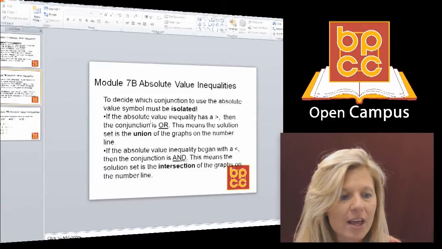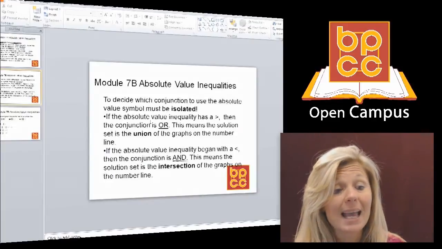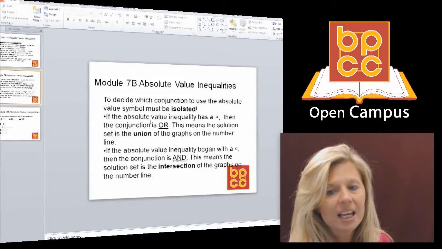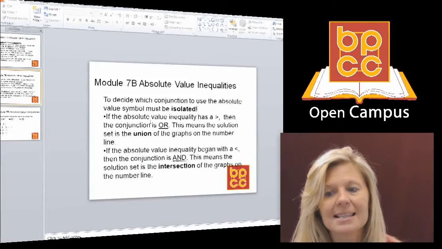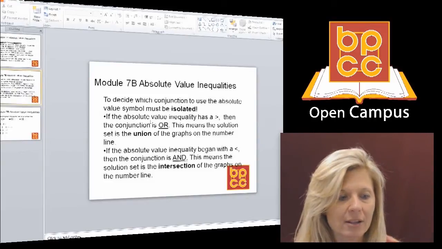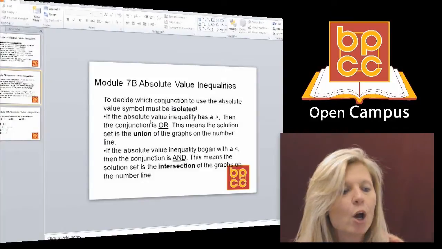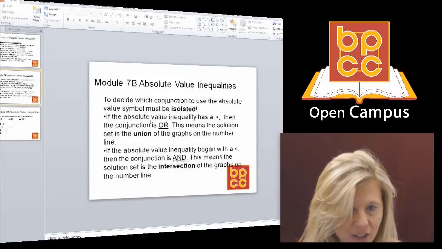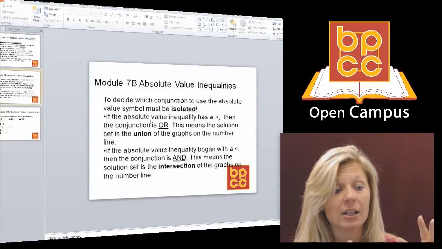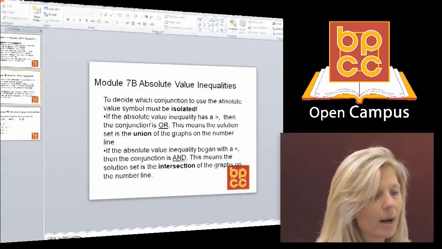So whether it's greater than or equal, you're using the word or, which means in the end you're looking to unite everything you've shaded. If your absolute value inequality has a less than symbol, then we're going to use the word and. So if it has less than or equals, we're going to use the word and, which means we're going to be looking for the intersection. So pretty much, guys and gals, we're going to put Module 6 and Module 7 together. Let's go to the whiteboard.